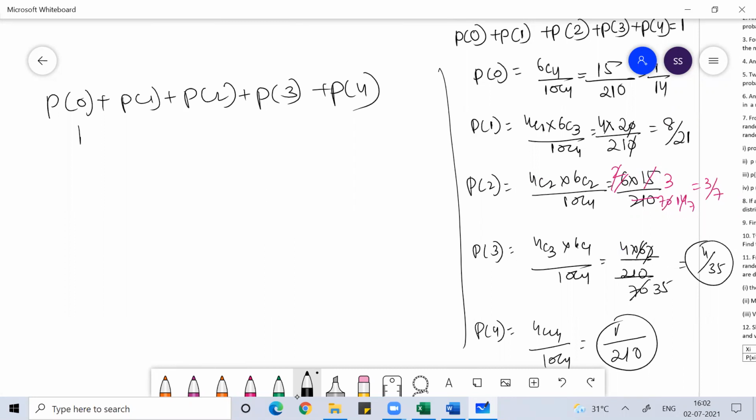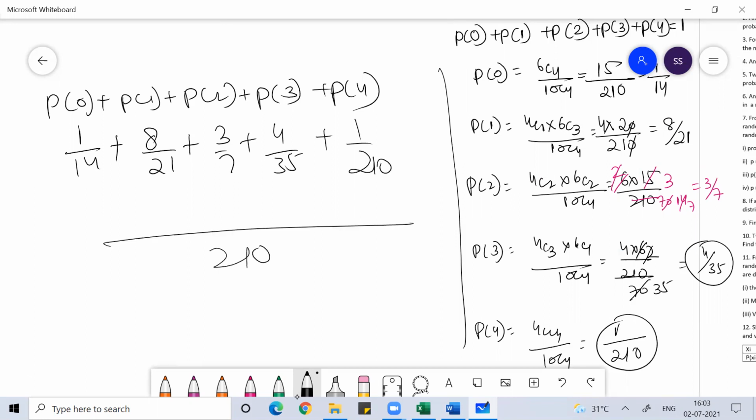If I'm doing this correctly, it should be like this: 1 by 14, 8 by 21, 3 by 7, then 4 by 35, then 1 by 210. So the LCM would be 210.